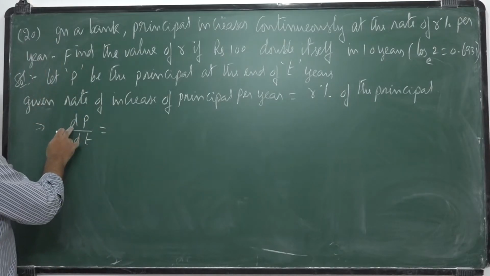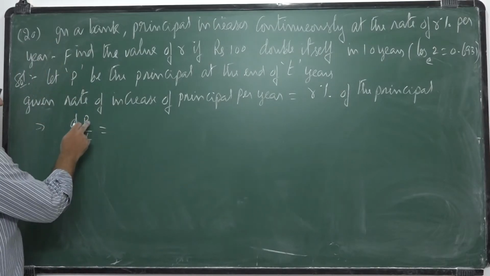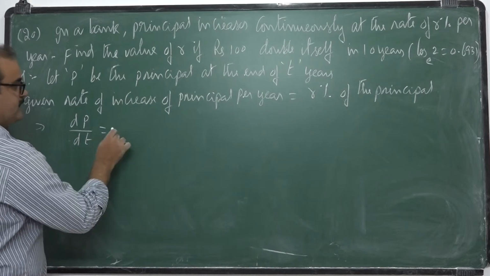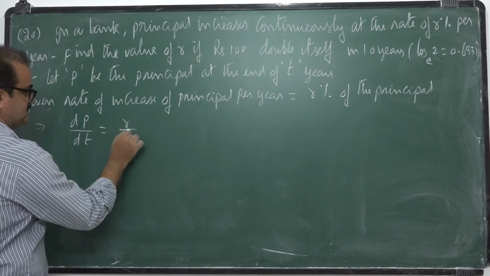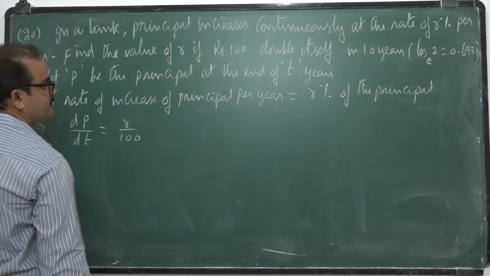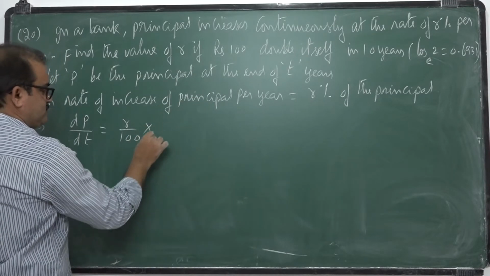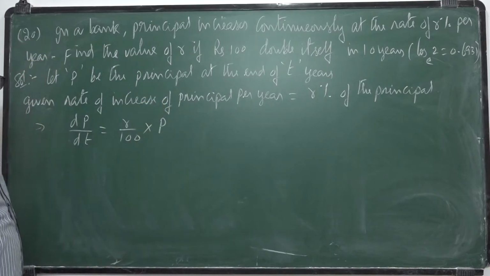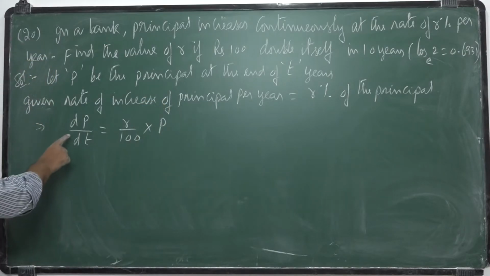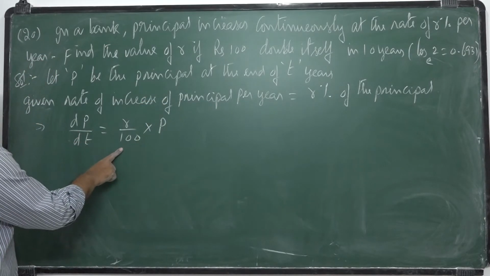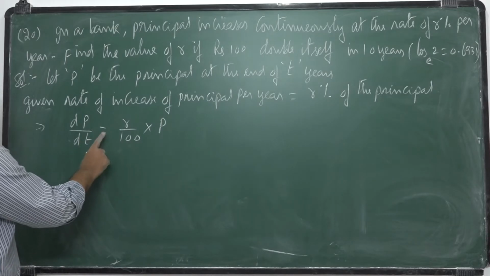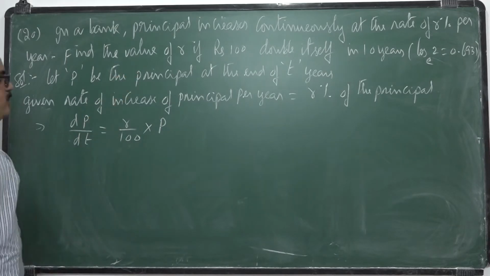So rate of change in principal value is dP by dt. That is R percent. R percent means R by 100, R percent of the principal value. What is the principal value? P. See, all of you listen to this condition carefully. Based on this condition, we can evaluate that problem.